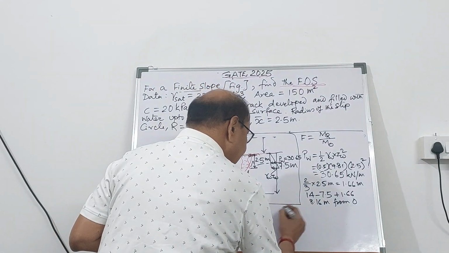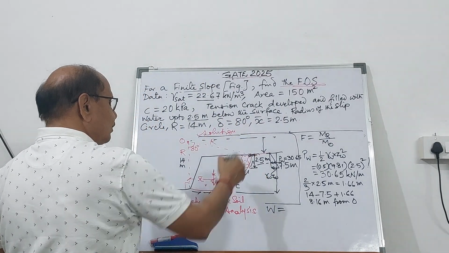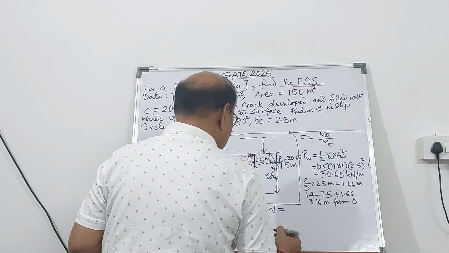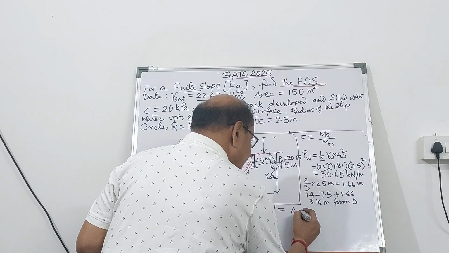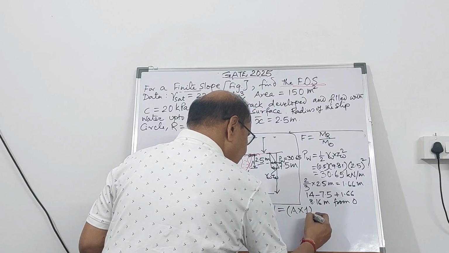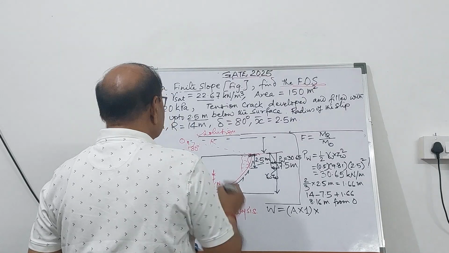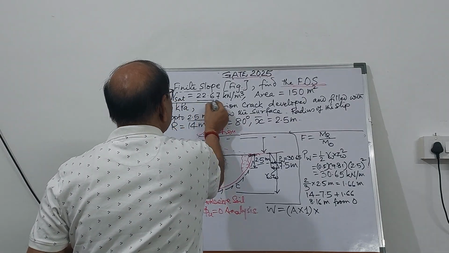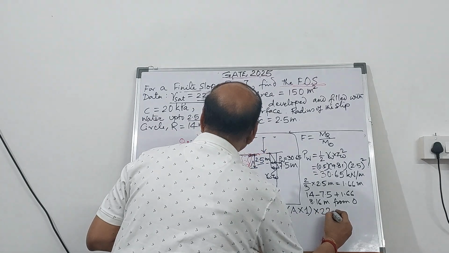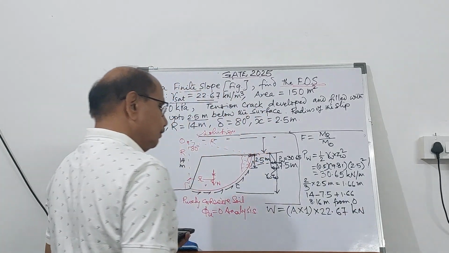So the weight under this slip circle, the complete weight of this is given as area multiplied by 1 meter perpendicular to the board, per unit meter, multiplied by the saturated unit weight gamma sat, that is 22.67 kilonewton.